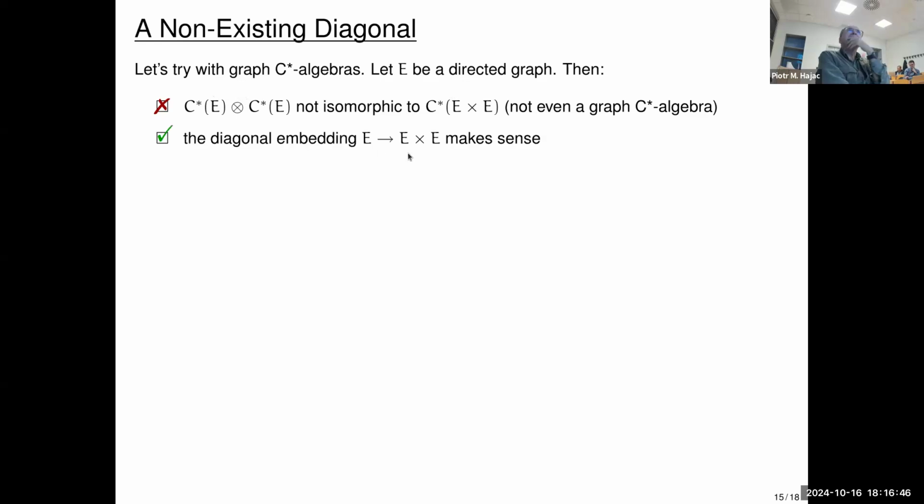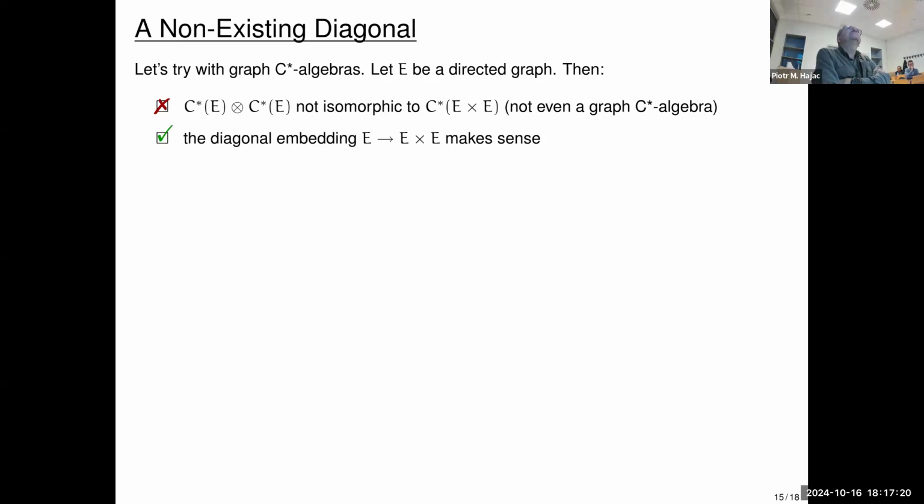There's a very nice, elementary and fully developed theory for higher rank graphs. There is a concept of a Cartesian product among higher rank graphs. So if you have a Cartesian product of a graph of rank K with a graph of rank L, you get a graph of rank K plus L. And this exactly corresponds on the nose to the tensor product of higher rank graph C-star algebras.